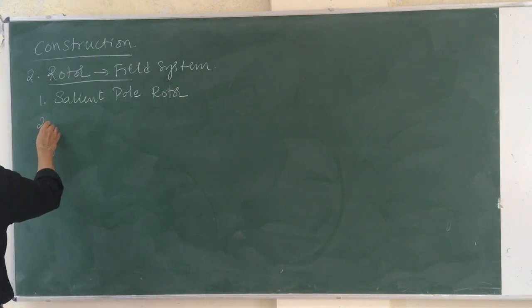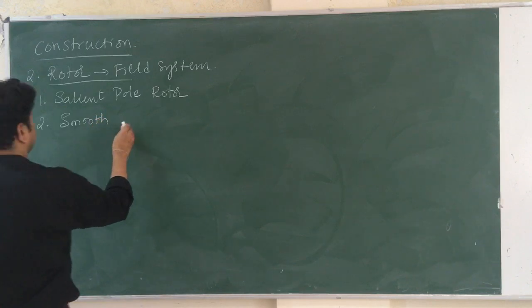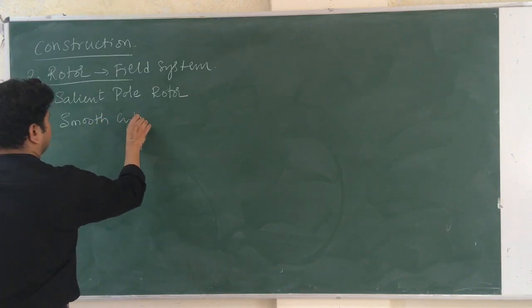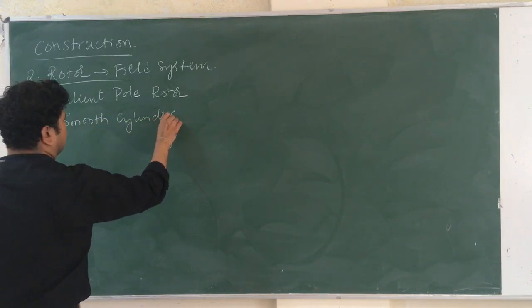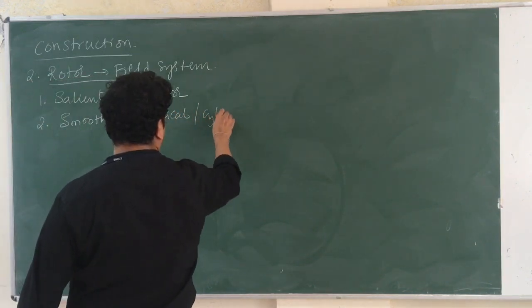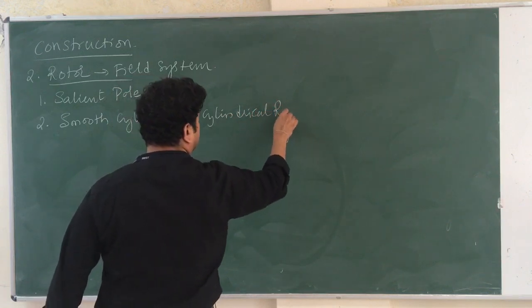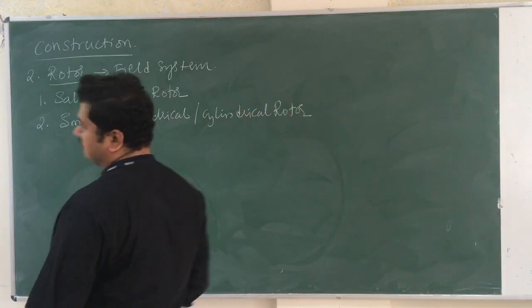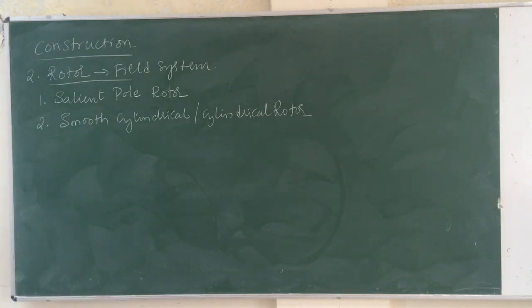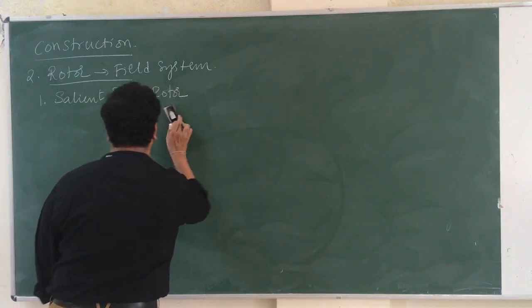The second is the smooth cylindrical rotor, or simply the cylindrical rotor. We'll see them one by one. First we'll see the salient pole rotor.